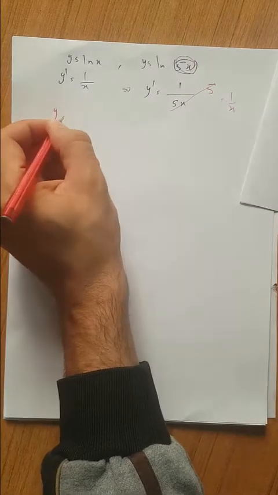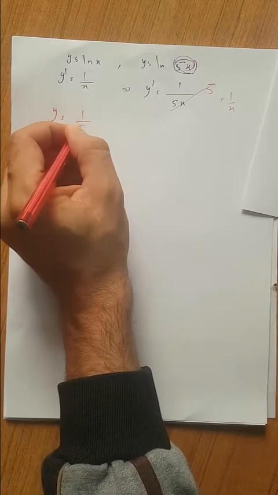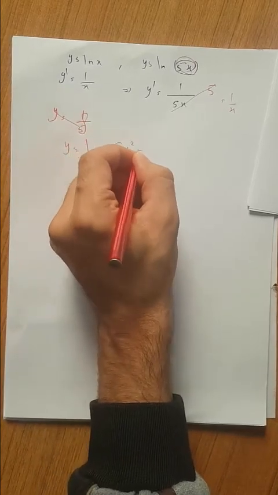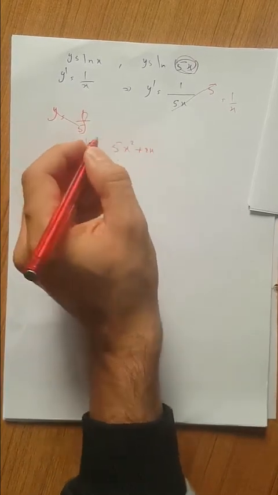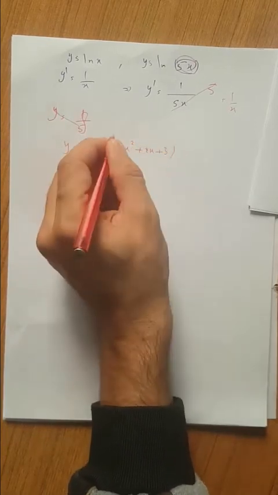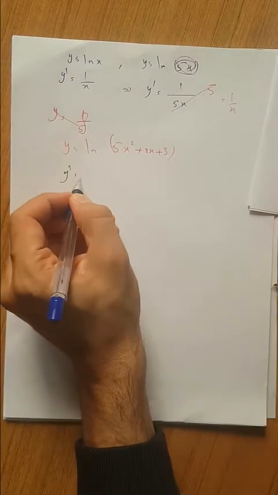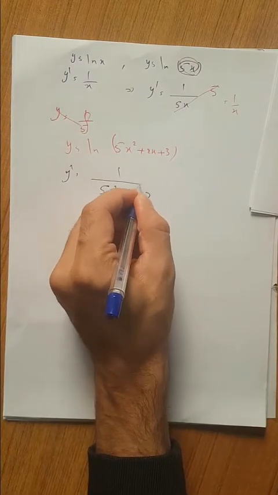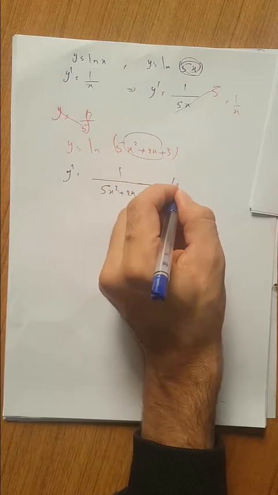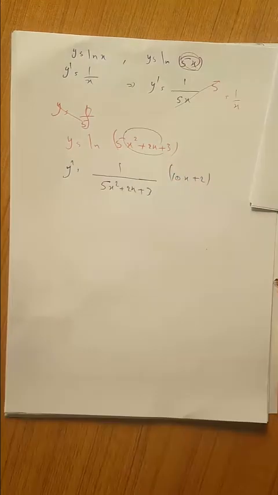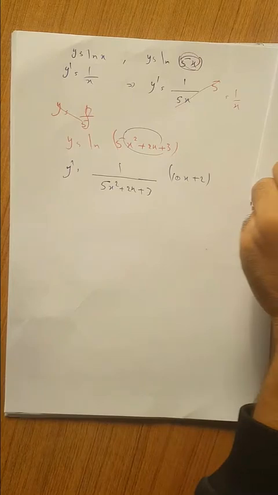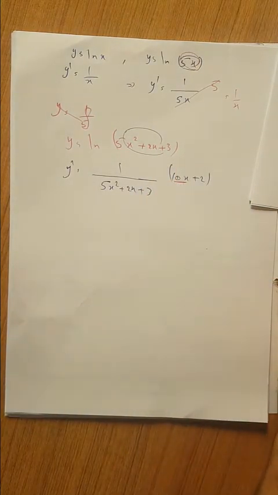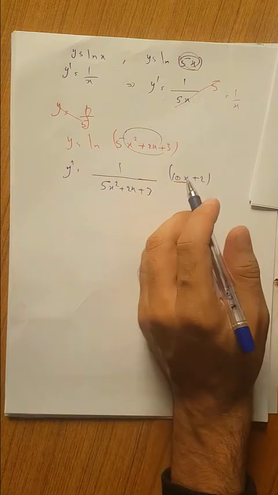And if you have y is equal to ln of 5x squared minus 2x plus 3, the derivative will be 1 over all of 5x squared minus 2x plus 3, multiplied by the derivative of the inside, which is 10x minus 2. So that's how to multiply by the derivative of the inside.